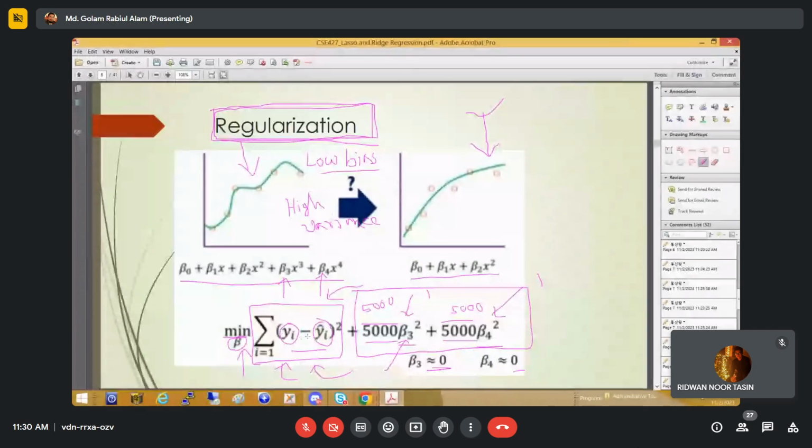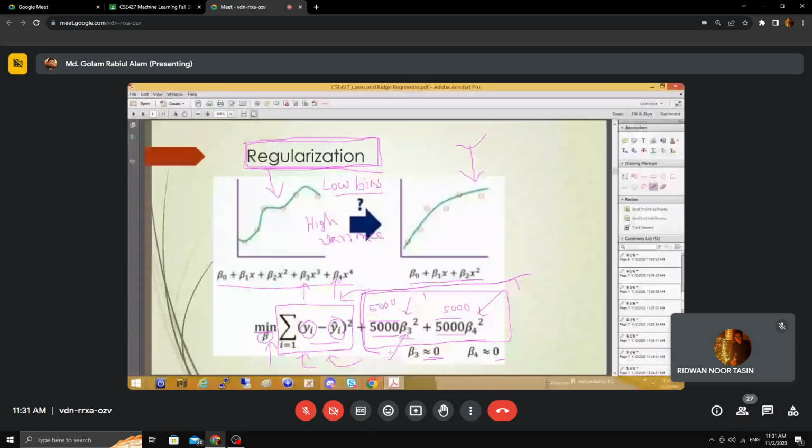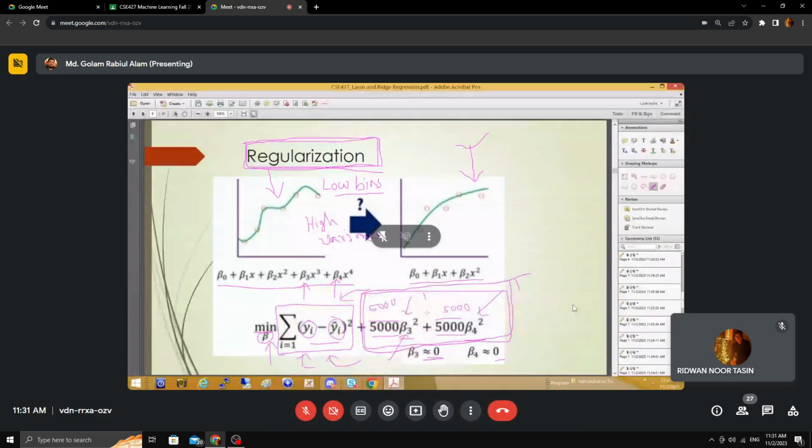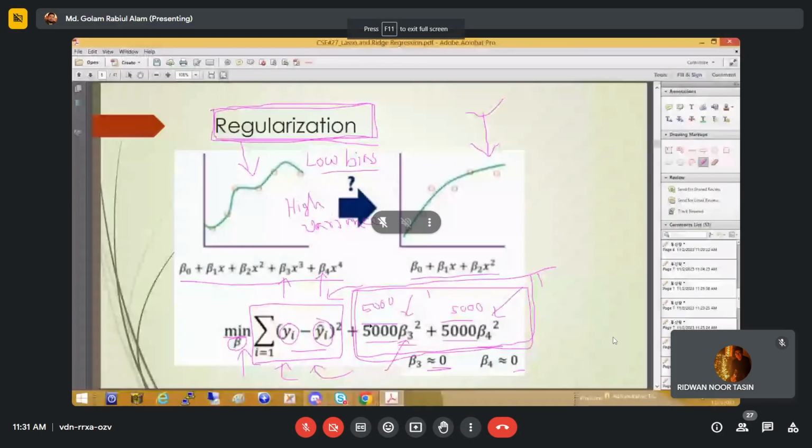So if we apply this kind of regularization, we have added this part, which is called the penalty. Okay, we have added this penalty term, and if we add this penalty, then beta 3 and beta 4 will be just 0. It means 0 times x cube plus 0 times x4, so it will actually ignore these two polynomial terms.